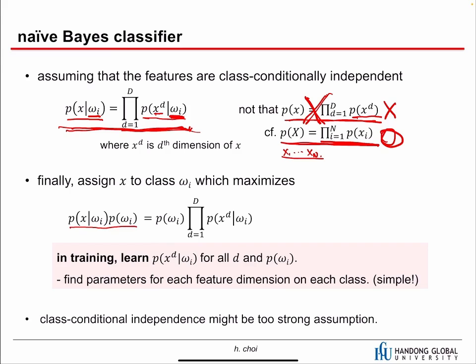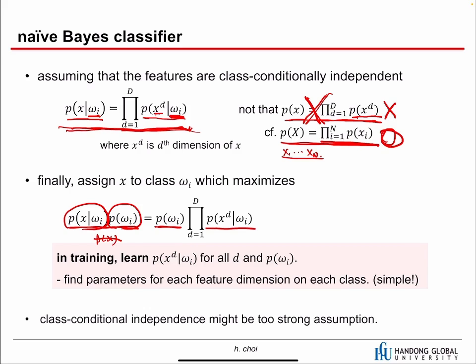This one is actually the posterior without p of x, because as I said, we don't care about p of x at this moment. So this one is actually the posterior, and this part can be decomposed into the features.